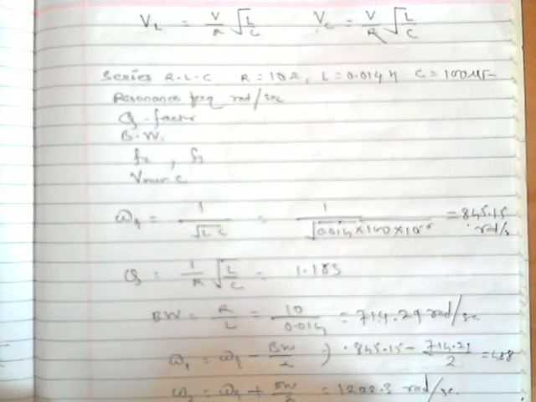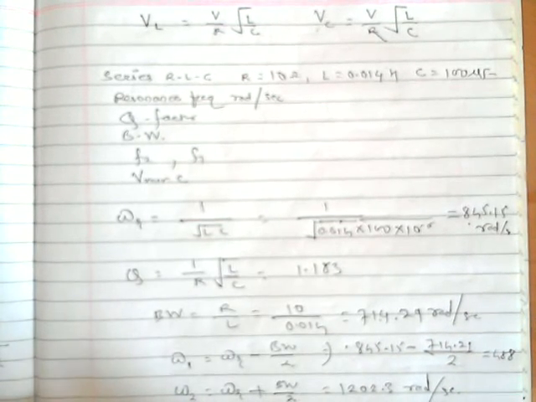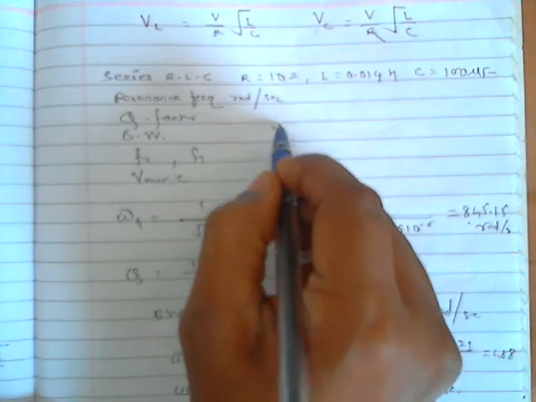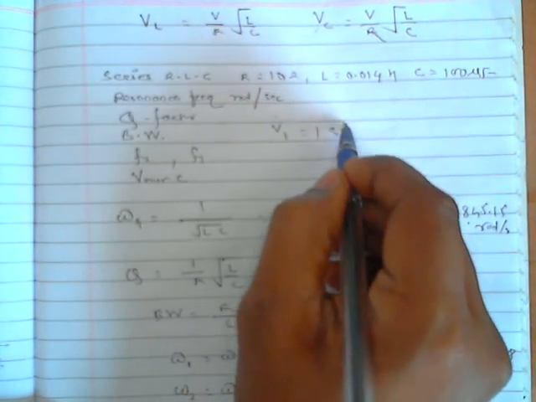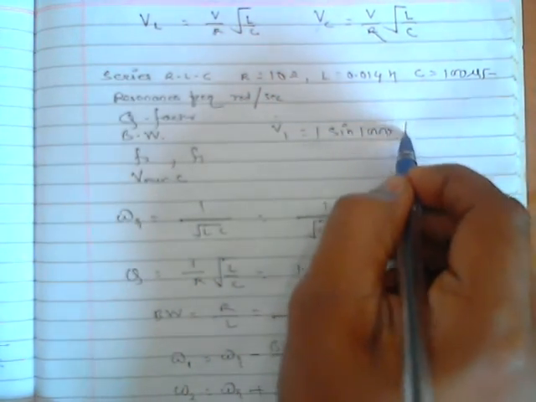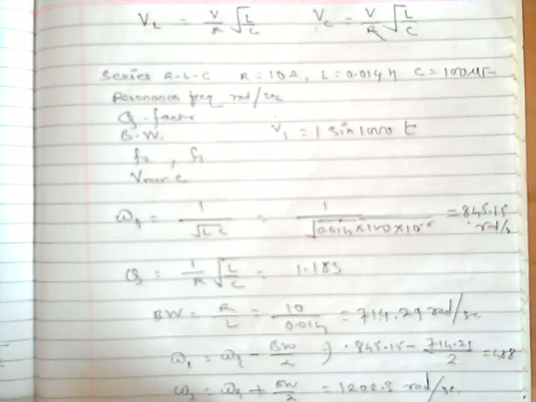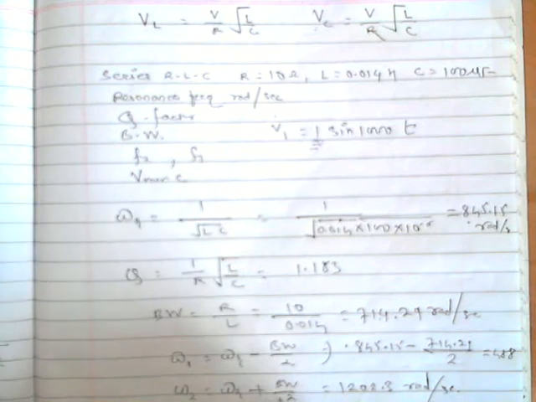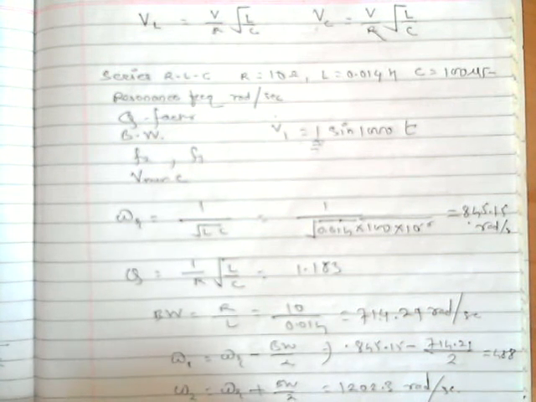Maximum voltage: to find the maximum voltage, first we'll see V1. V1 is given numerically as 1 sin 1000t. Okay, so the maximum value is 1, the RMS value is 1 by root 2, so it is 0.707.